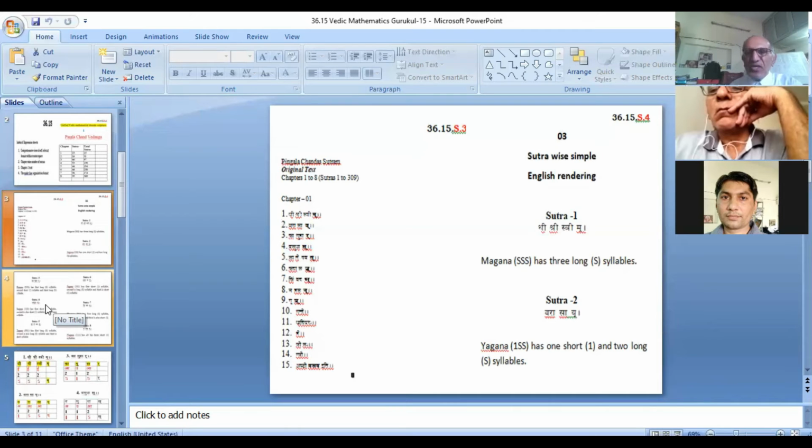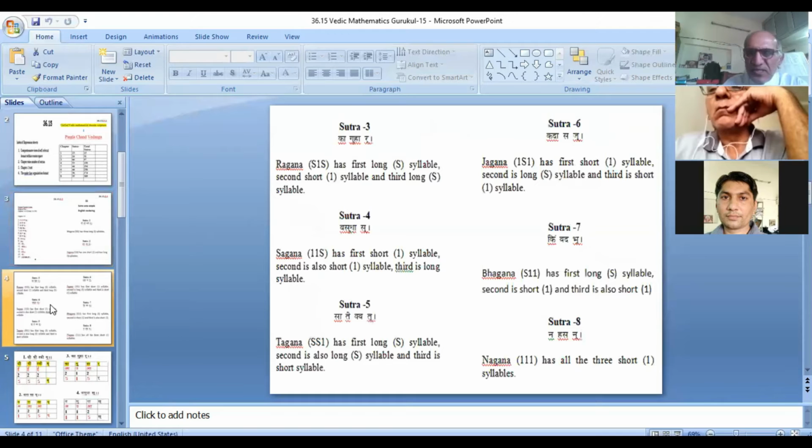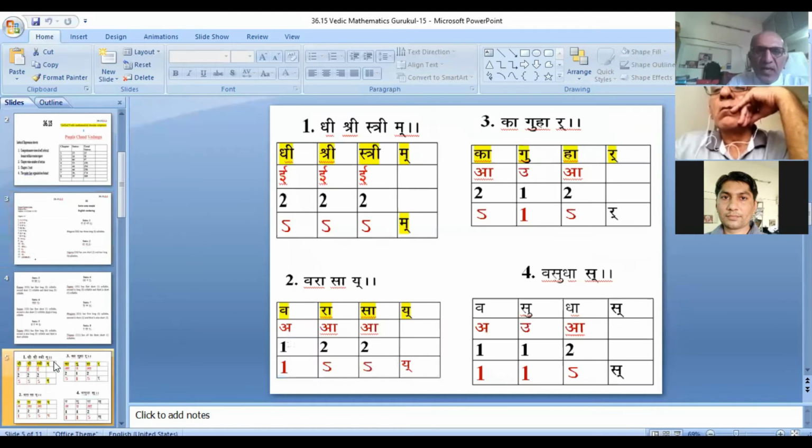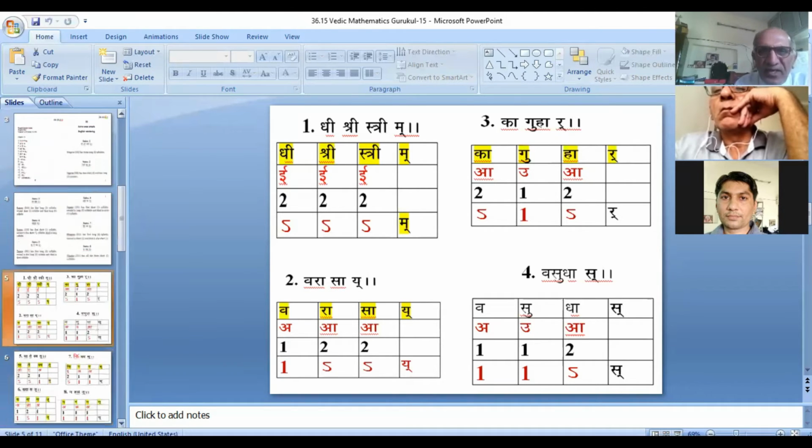How do we arrive at this setup of the values? Here is the table. Therefore, now we arrive at the format of the text of Sutra 1 of chapter 1 of Pingal Chand Vedanga. In the first row of this table we are rewriting the text syllable-wise.